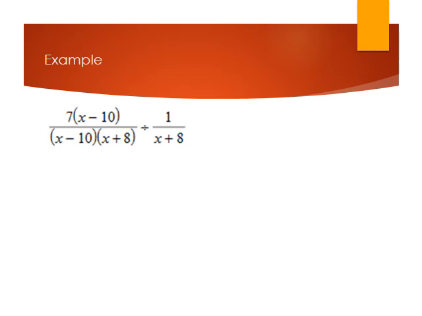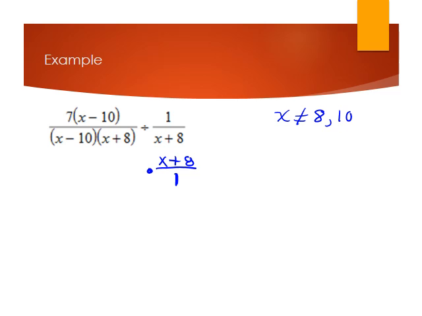All right, in this example, it's division. We've got to include this x plus 8 as one of our excluded values, so x can't be negative 8, and x can't be 10, because x minus 10 equals 0, x would be 10. So I'm going to flip the second fraction so that it's x plus 8 over 1, and then we multiply.